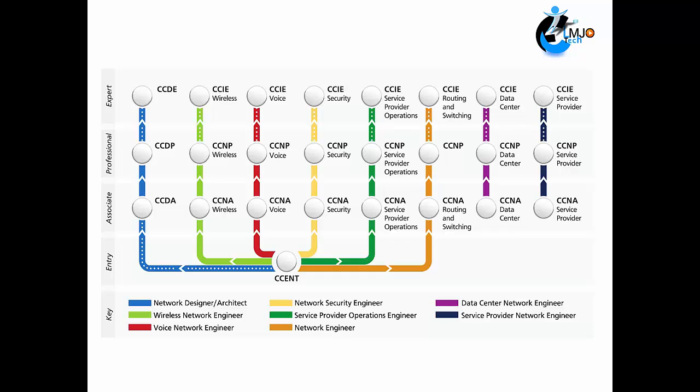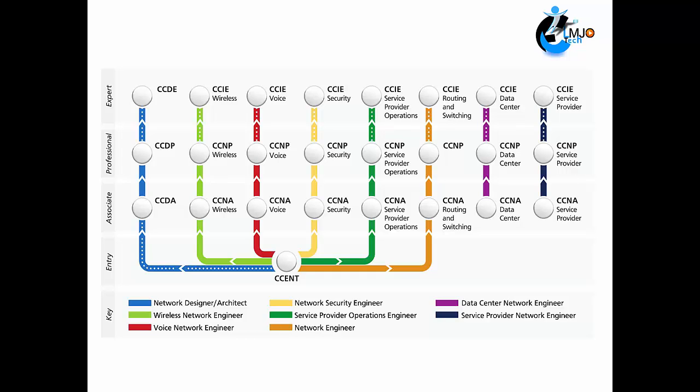With CCNA Security, the levels are still the same. As you can see, after that we have CCNP Security. If you want to learn more, like how to configure a firewall, how to configure IPS, the intrusion prevention system, how to secure your network using your switches and routers, you can go higher with CCNP.